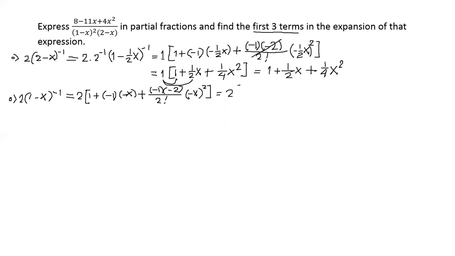It becomes 2 times (1 plus x, divided equals 1, of course x squared). Three terms: first term, second term, third term. And if you multiply 2 times 1, it becomes 2 plus 2x plus 2x squared. Okay.